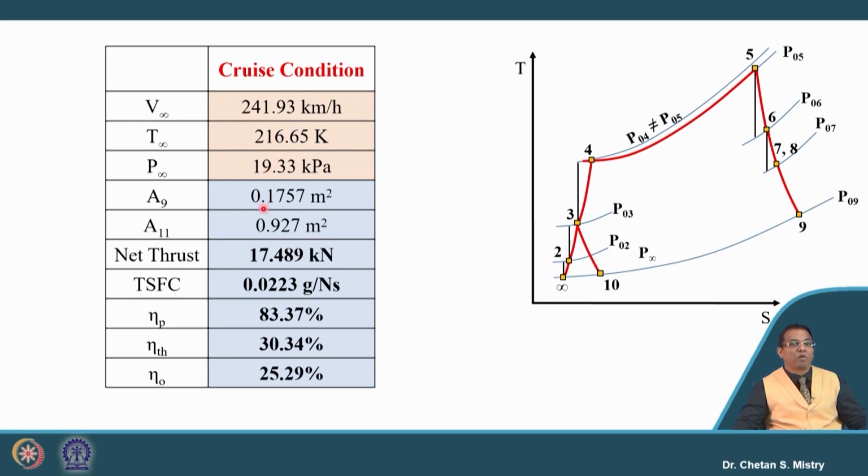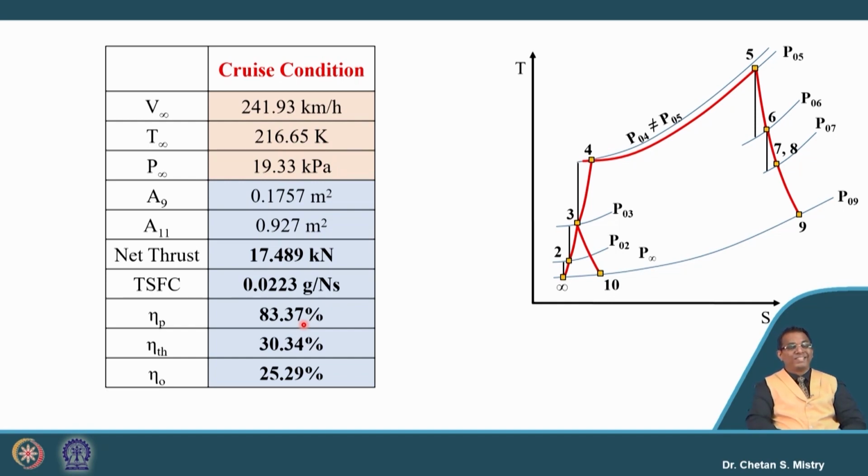We have done the calculation for both the areas. In the same way, we have our net thrust calculation, the thrust specific fuel consumption calculation, and the propulsive, thermal and overall efficiency calculations. So, what we have solved now is for the flying condition.